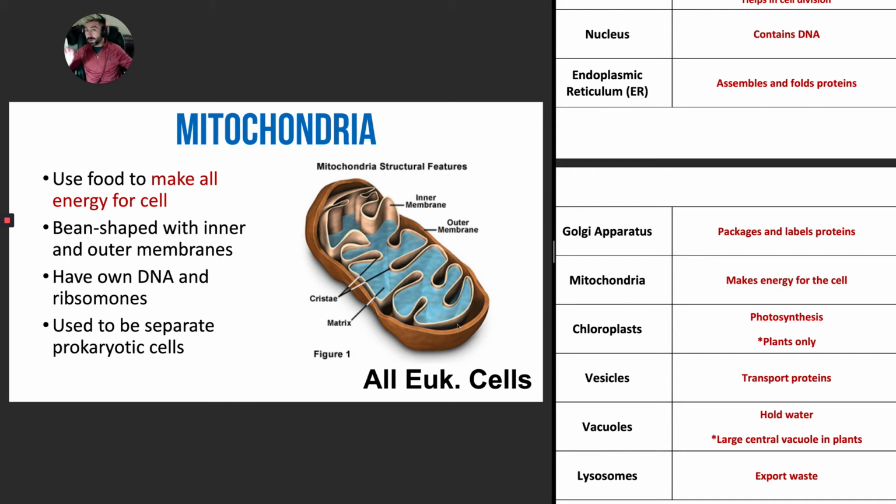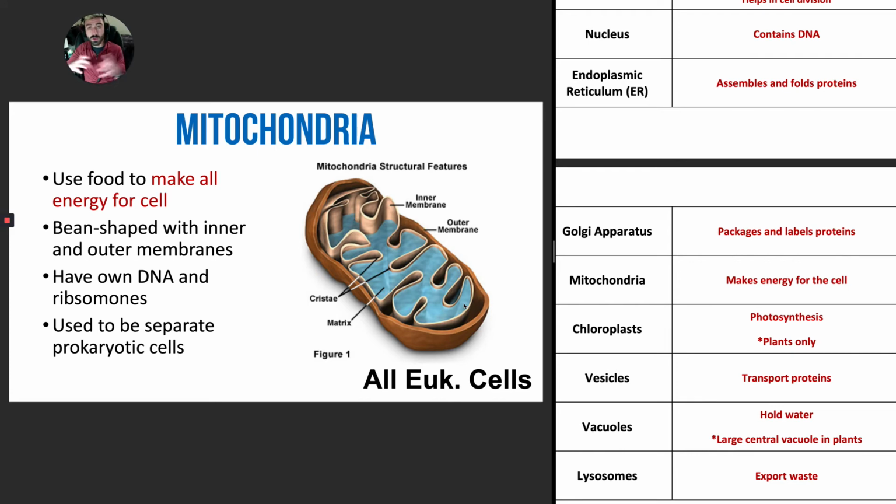And if you remember from the last set of notes, the last lecture, we talked about the theory of endosymbiosis, or symbiosis. And that's the theory for how eukaryotes came into existence. And what we believe is that specifically the mitochondria and the chloroplast, which we'll talk about soon, were initially bacteria on their own, their own kind of small prokaryotic cell.